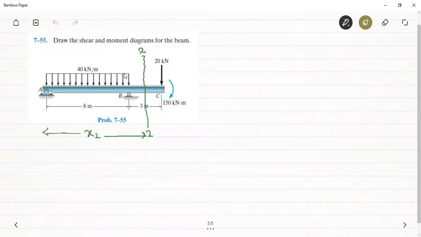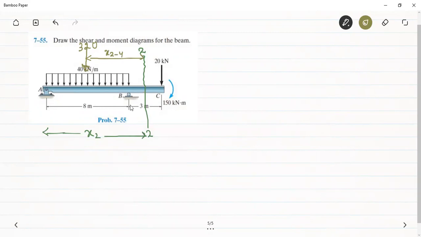Now this 40 kilonewton intensity UDL can be broken into a point load whose magnitude will be equal to 320, and its distance from this section will be x2 minus 4. See here, this distance is x2, this distance will be 4, therefore this distance will be x2 minus 4.